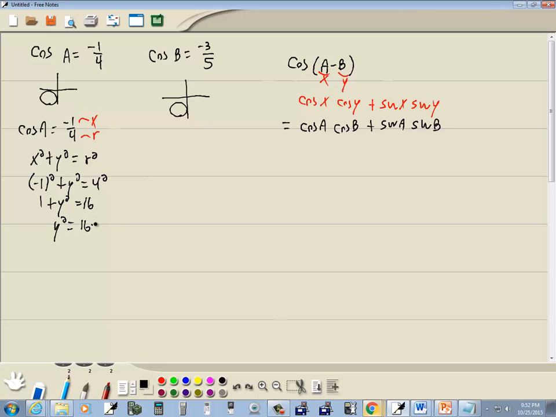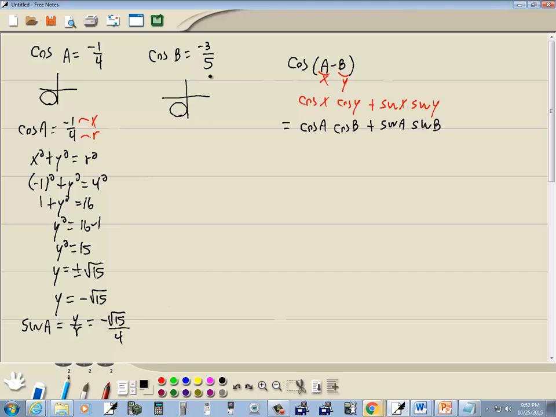Take the 1 over, we get 16 minus 1, or y squared is equal to 15. Drop the squared and put a plus or minus square root on the other side. And since we're in quadrant 3, everything's negative, so y is equal to negative square root of 15. The reason we found that is because we needed sine. So sine A is going to equal y over r, which is negative square root of 15 over r, which is 4.